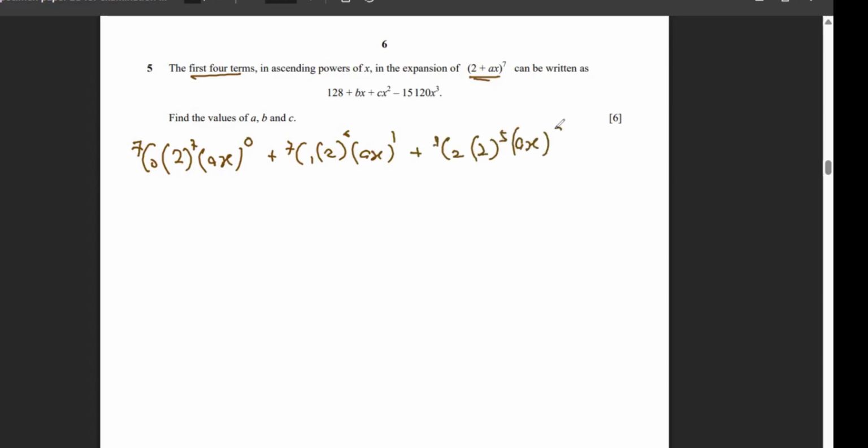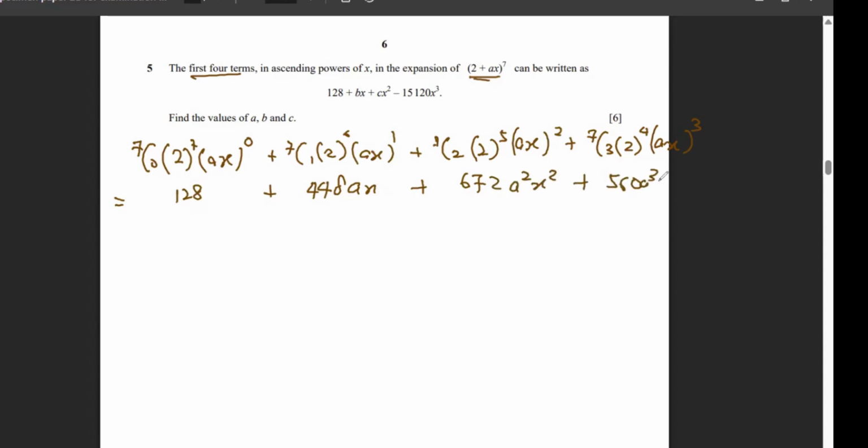Question 5. The first 4 terms in this expansion can be written in this way. So we need to expand the first 4 terms ourselves to compare with it. We just key in calculator, you get here is 128. Here is 448ax. So we compare the first one with the first one, it's the same. 448ax equals bx.